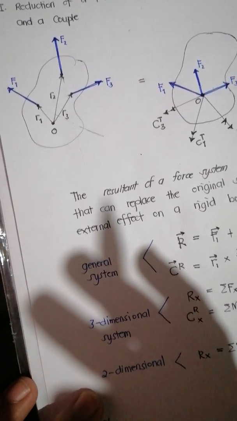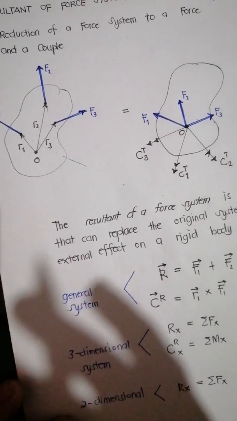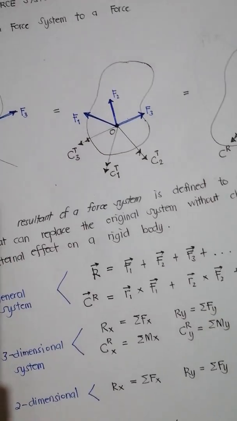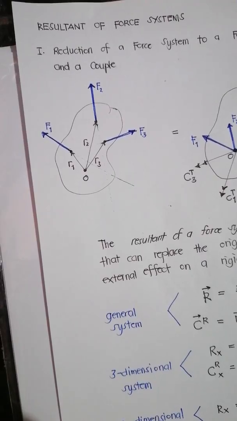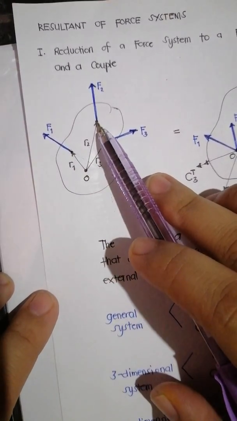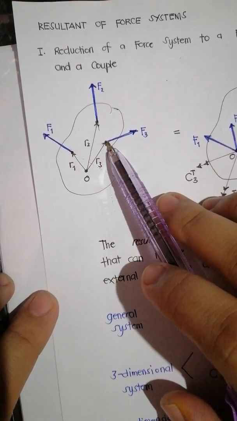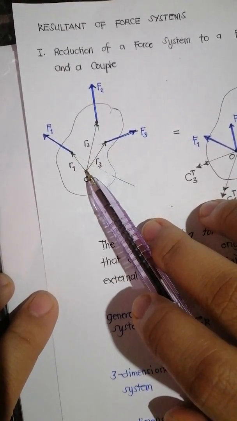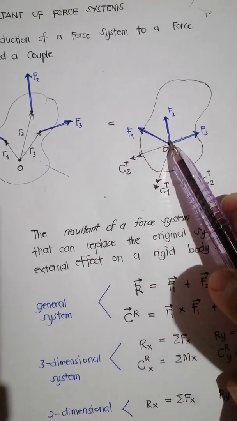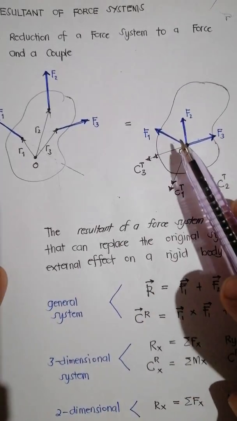what we do is we first transfer it to a common point. Say we are going to transfer all of their points of action to one common point, say point O. Okay, so what happens is that it is transformed to this one.